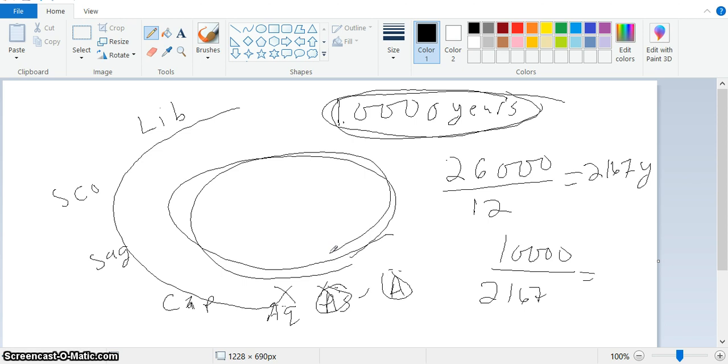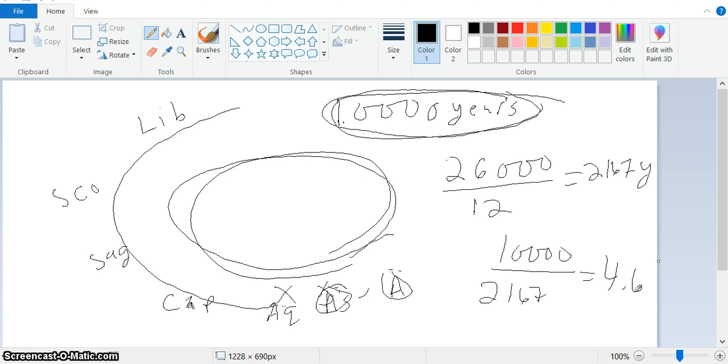But if we assume that it starts in Aries, if it's not exactly true, this 10,000 years in the future, divided in steps of 2,167, turns out to be about 4.6, right? Roughly 4.6. So it'll have moved 4.6, so 4.5 constellations.